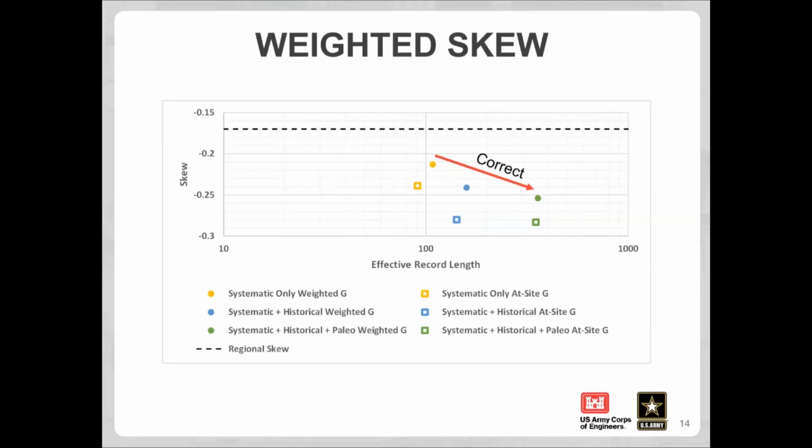As we add more data, as we add historical information, it trends closer to the at-site skew. And as we add the additional paleo flood information, it continues to track in the right direction, closer to the at-site skew, because we have more at-site information, which means the at-site information carries more weight than the regional skew information, which means that our weighted skew should trend towards our at-site. So this generally fixes the problem.